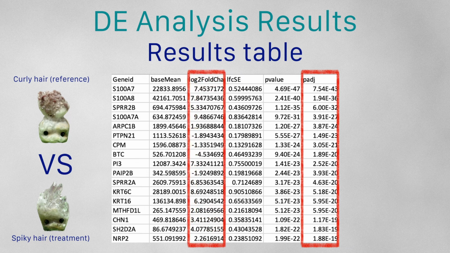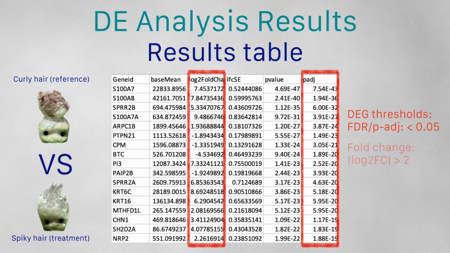In differential expression, genes can be filtered based on statistical significance, which is based on an adjusted p-value less than 0.05 or 0.01, and biological significance, which may differ depending on your preferences.